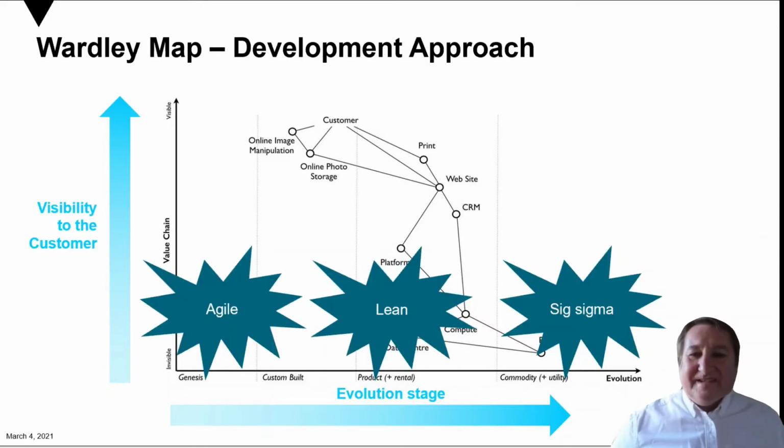We can also see that agile methods that are embracing change fit best to the components in the genesis phase. Lean, which focuses on improving value and reducing waste, fits best to the custom build and product phases, while Six Sigma, which is data-driven and reduces deviations, is best applicable to the commodities where stability, efficiency, and price are most important.